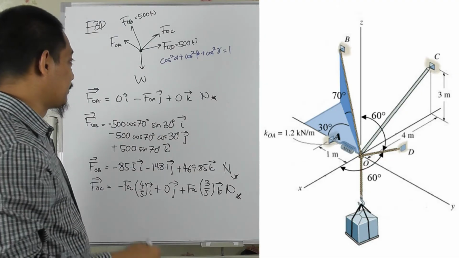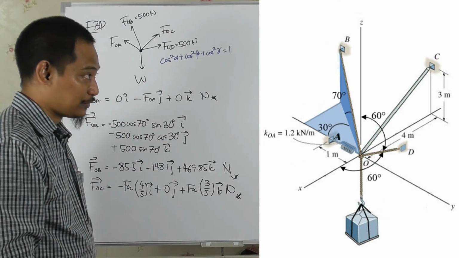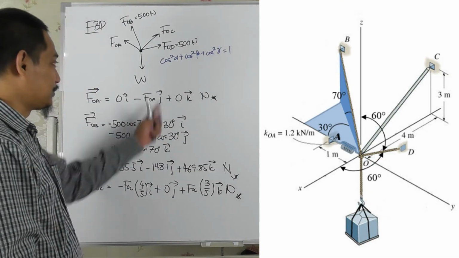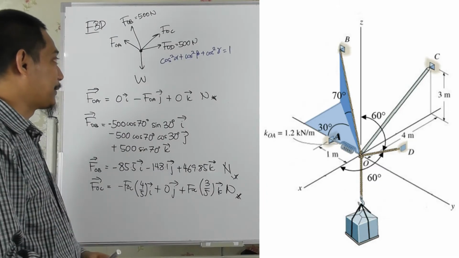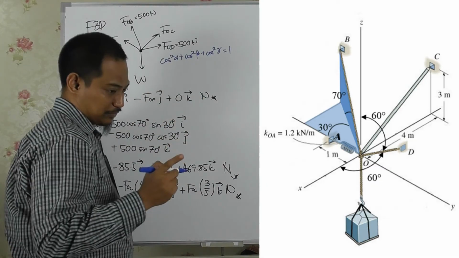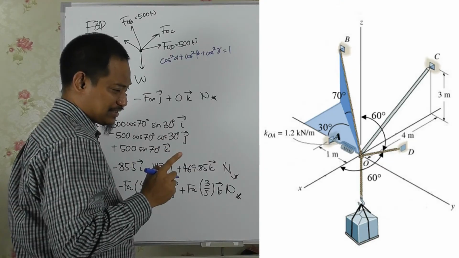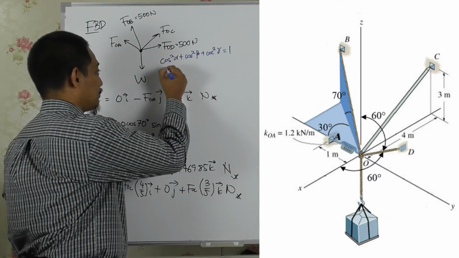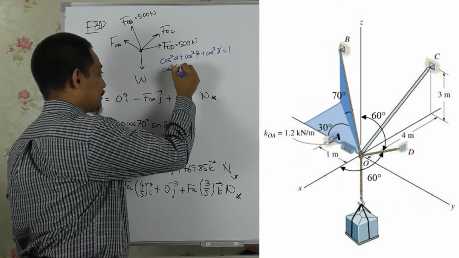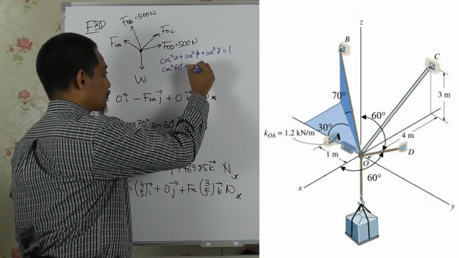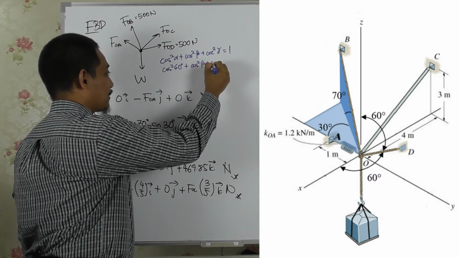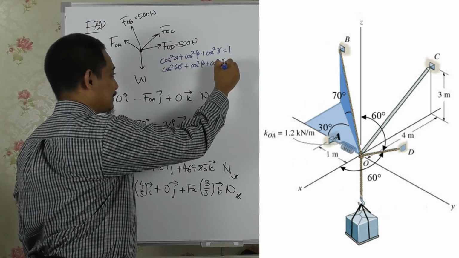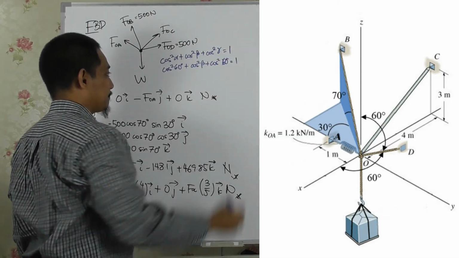Remember this mathematical formula; you just have to memorize it to apply it. From the diagram you can see that alpha is 60 degrees and gamma is 60 degrees. So cos squared 60 degrees plus cos squared beta, which we do not know, plus cos squared 60 degrees equals 1.